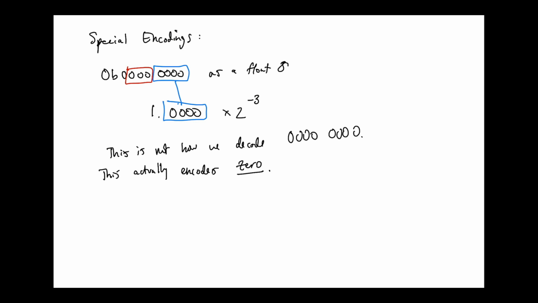So the moral of the story is nobody actually uses 8-bit floating point to do anything except teach. The only reason we're using 8-bit floating point is because it's simple enough to write down, and it doesn't take half the page. Okay, so is that okay?